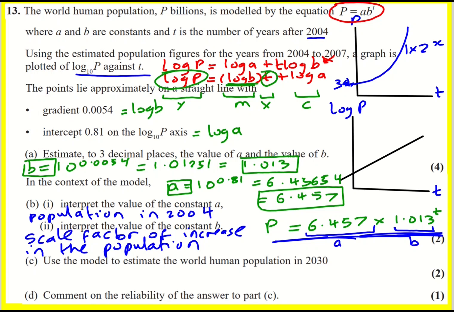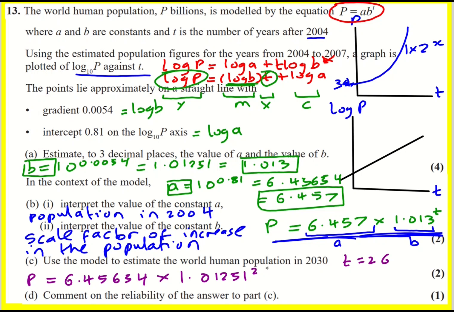Then use the model to estimate the world human population in 2030. So that is going to be when t is 26. Therefore, prediction is p equals 6.4... Now, I always think we should use the full value. It's not really going to matter here, but we shouldn't use rounded values at any point. Then 1.01251 to the 26, and this can make a big difference sometimes, especially when you're doing an exponential function.